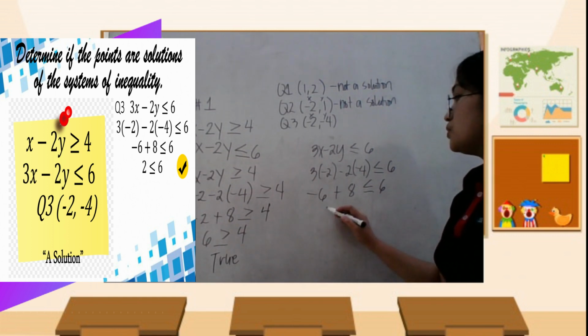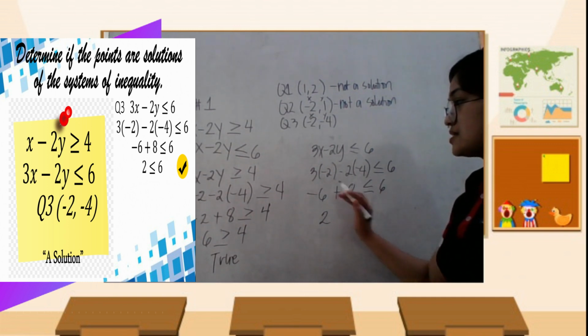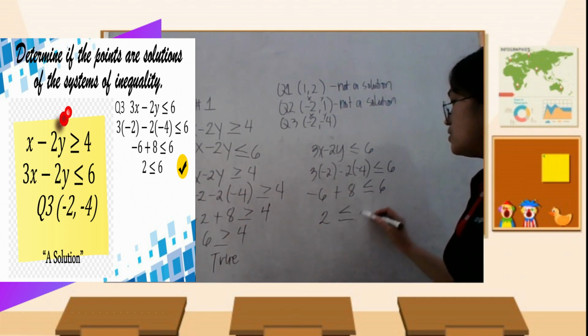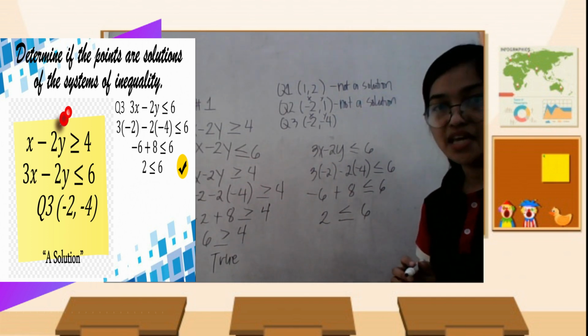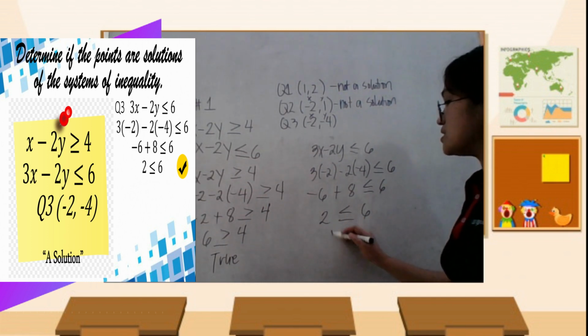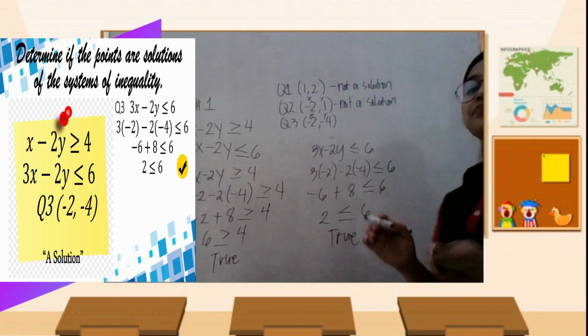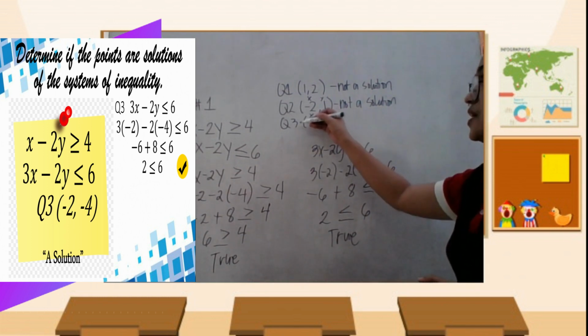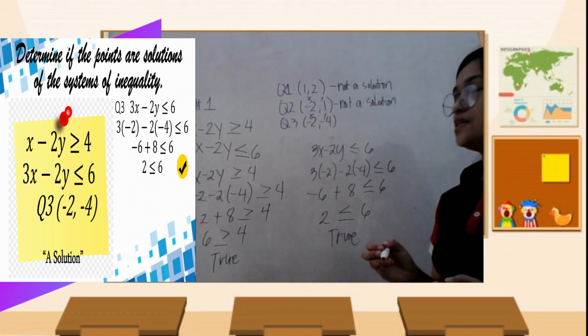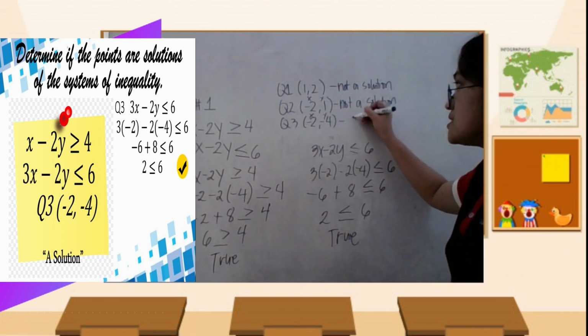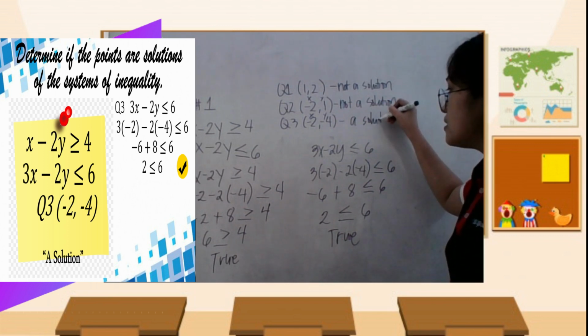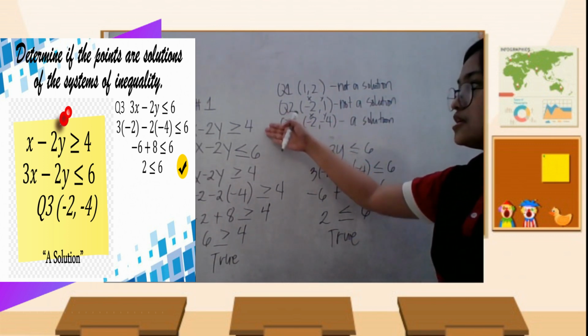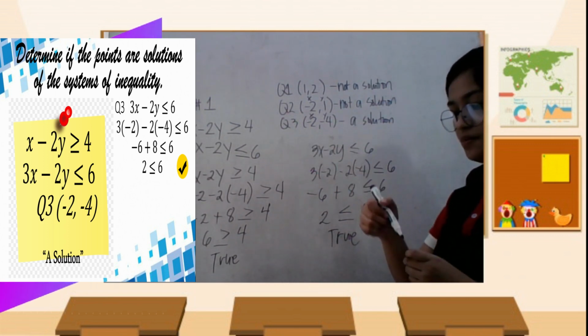So we have 2. That would be positive 2 because 8 is larger than 6. Less than or equal to 6. Is it true? Yes, because 2 is lower than 6. And now class, we have both true and true. That means quadrant 3 with the point or coordinates negative 2 and negative 4 is a solution of the system of these linear inequalities. Okay?